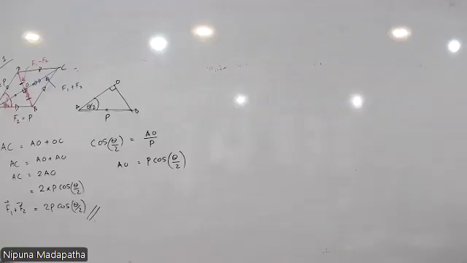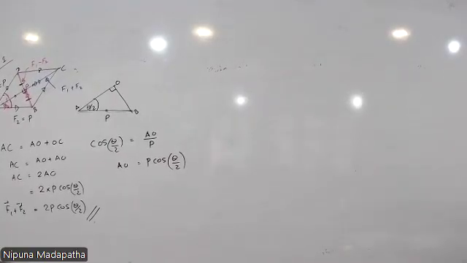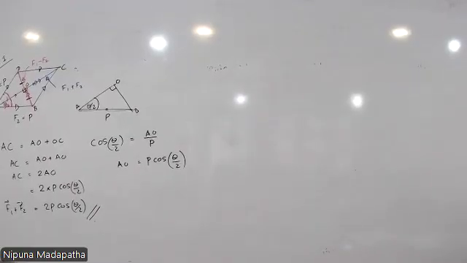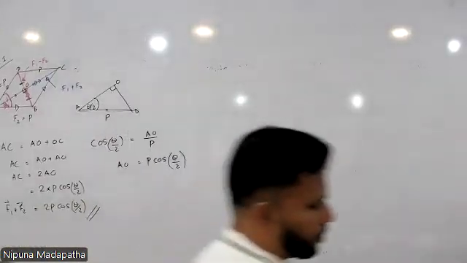I will show it right after the second answer. The second method uses a mathematical expression for theta over 2, something like 1 plus cos theta. To go beyond that, we require the mathematical expression.